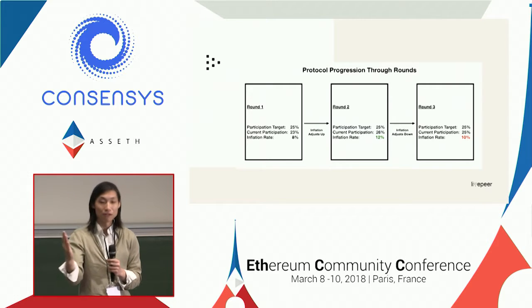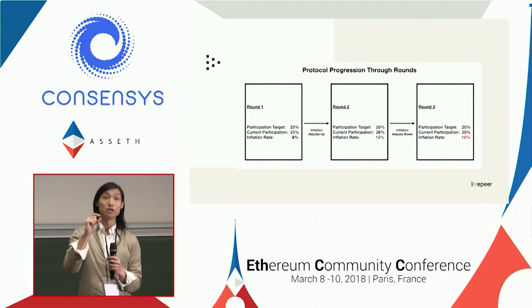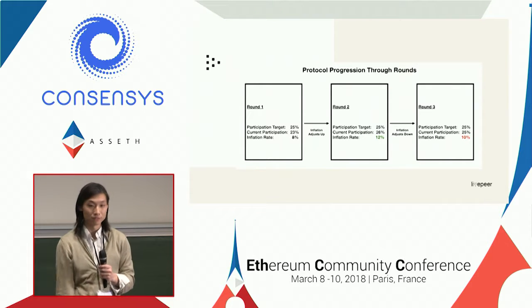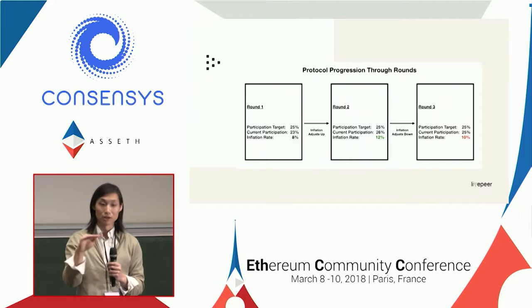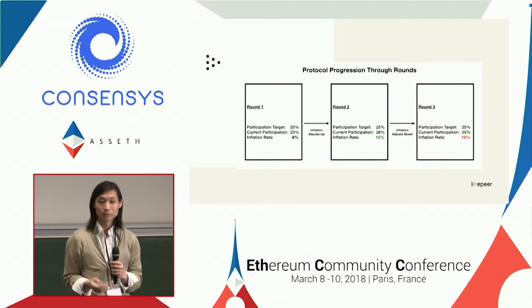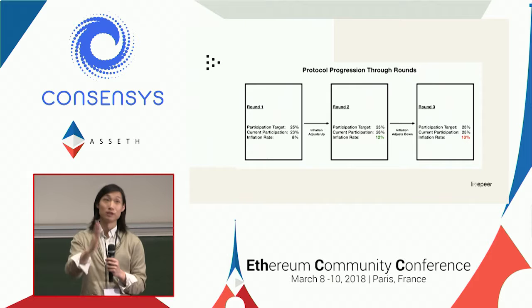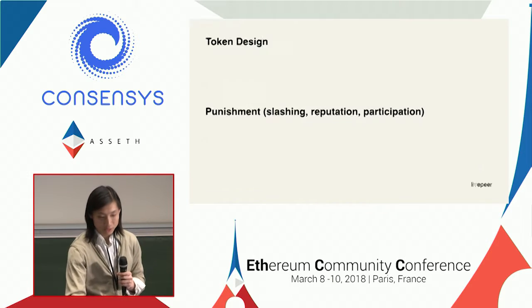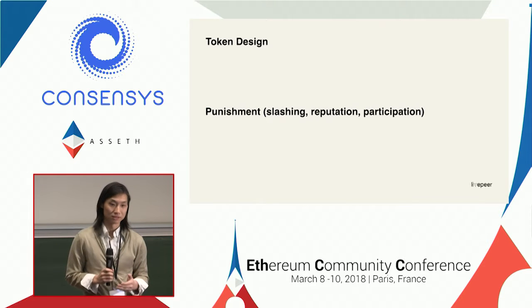And in the following round, the inflation rate automatically adjusts down. So maybe some people unbond because of that reason. And let's say we settle at 25%, which is our target rate. And from that point on, the inflation rate will keep going at 10%. So that's some of the reward mechanisms that we use.